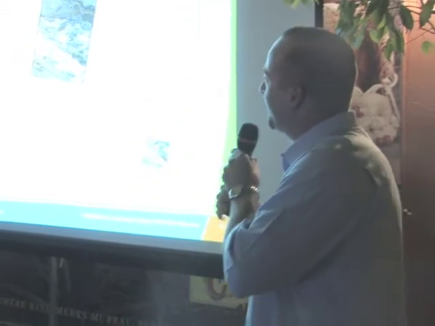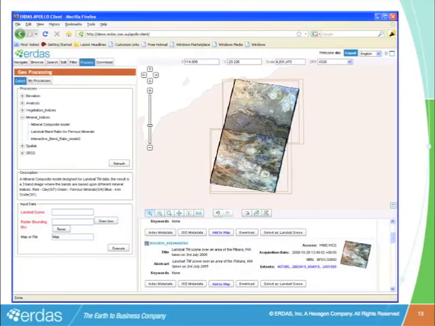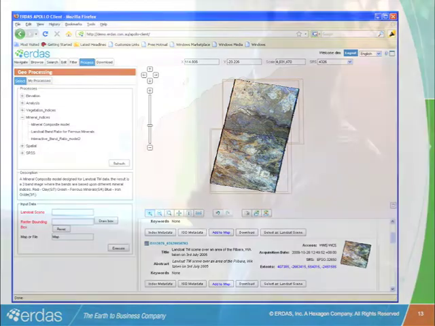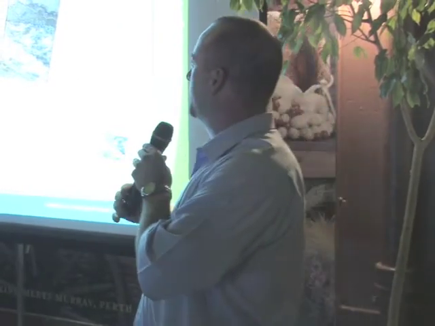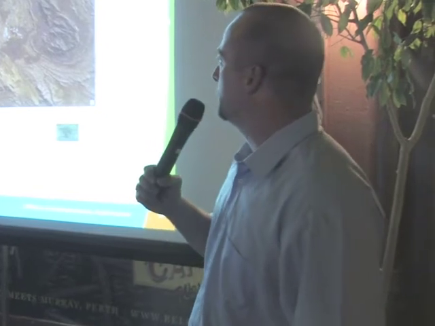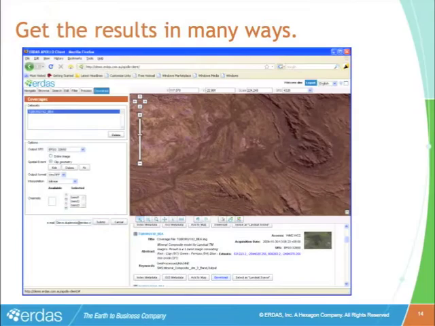So once you've got it into the Apollo client, you can select your model, and based on the model, it'll only bring up the images that are appropriate for that particular model. So the definition of the input images is there, and then when you click execute, the model runs online, and you're able to export the output, in this case as an actual image, which you can then do further processing on.